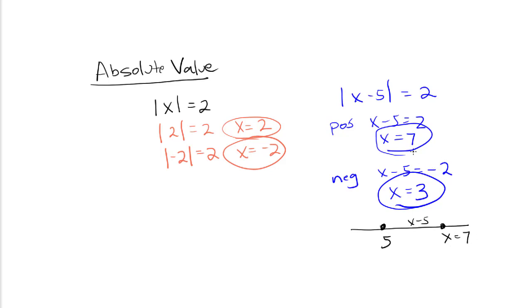But also 2 in this direction, which would be 3. That's also a distance of 2 from 5. In that case, I might get a negative result, but the absolute value of x minus 5 makes it a positive distance, and x equals 3 is also a solution. Note, I have the same solution points, but I'm interpreting my absolute value equation as a distance. It's a distance that's 2 away from 5.